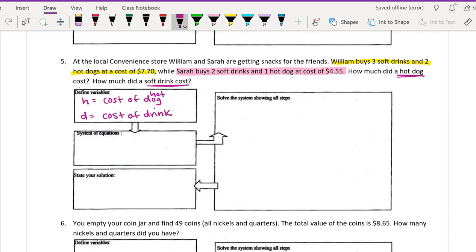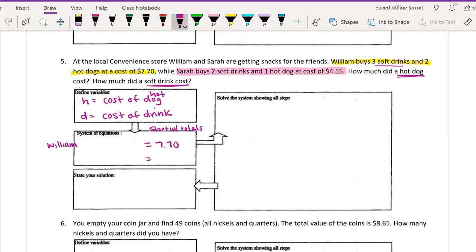Okay, so the system of equations, start with your totals. So what total values do we know? Well, we know that William spent a total of $7.70. Well, how did he get that?